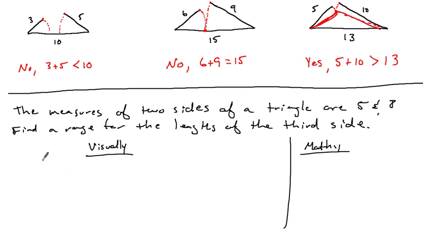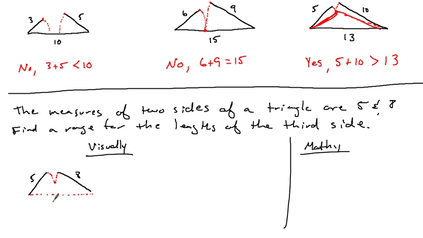So visually, what they're saying is we have a piece that's 5, and we have another piece that's 8, and they're asking us, how long does this piece need to be, or how long can this piece be, so that when we fold these two down, they actually touch and they make a triangle.